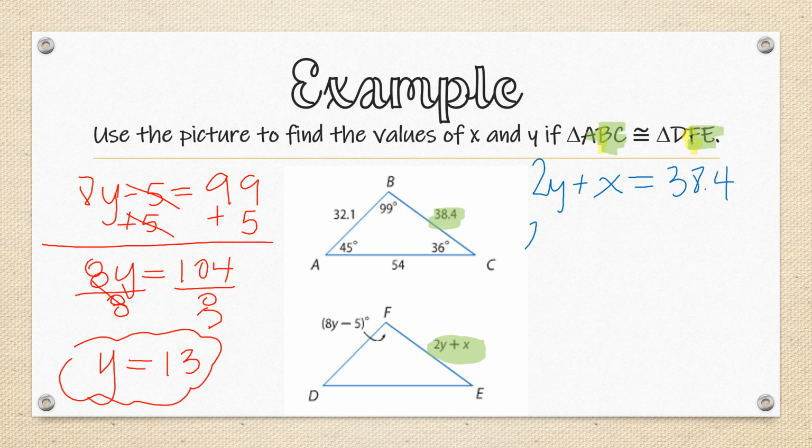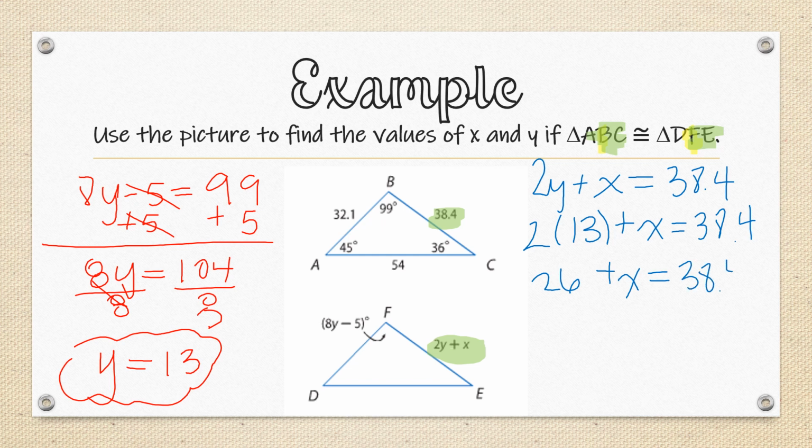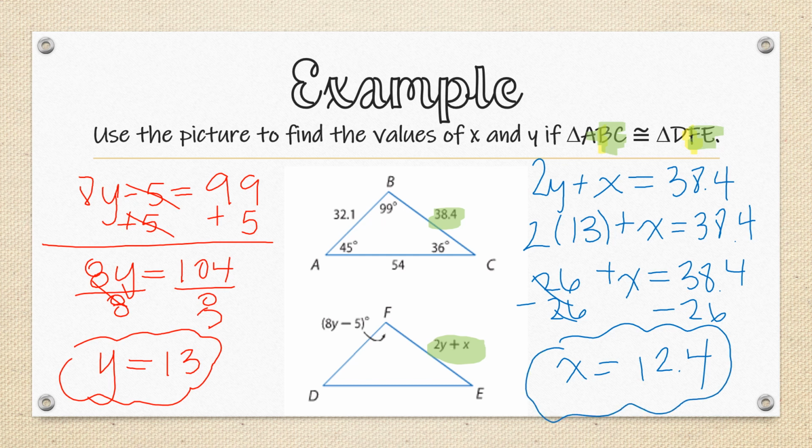Then I'm going to substitute y with 13 because we just figured out what y is. Otherwise, I would not be able to solve that. 2 times 13 is 26. Then I'm going to subtract 26 from both sides, and that's going to give me x equals 12.4. And this is only possible because I knew the two triangles were congruent.